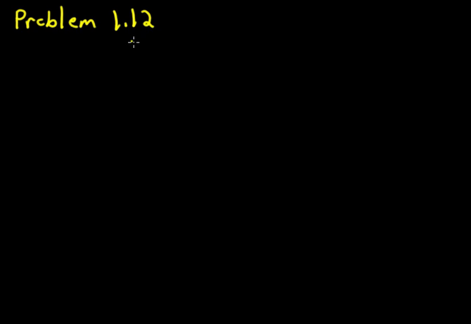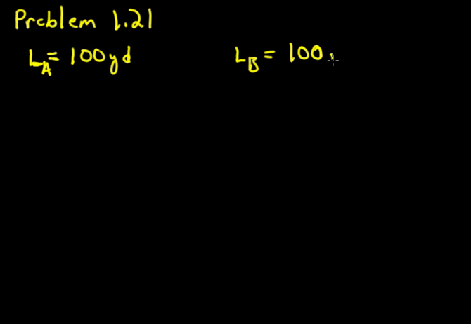An American football field has a length of 100 yards, and a British football field, we'll make this LA for American and LB for British, is 100 meters. And so we want to know which field is longer.